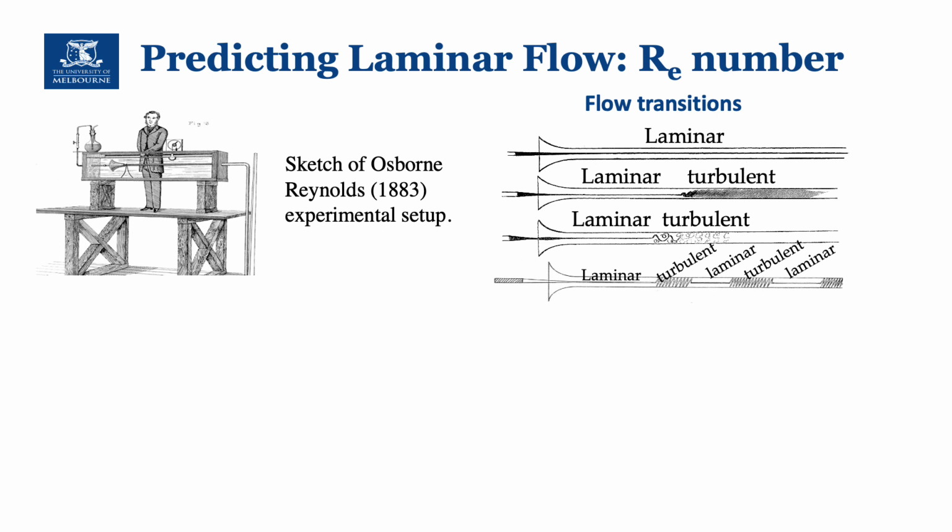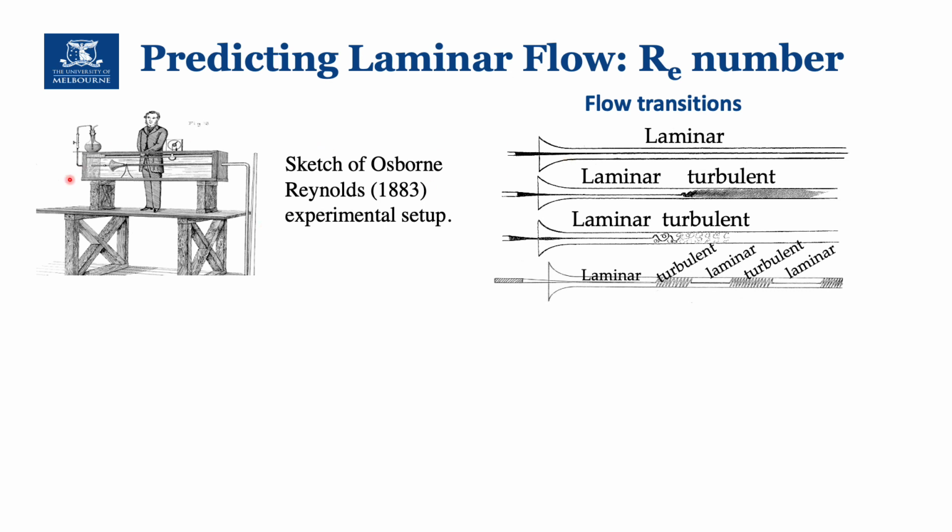In the example that I'm showing you here, I'm showing you the history of how this was discovered, and what the elements are that are involved in defining fluids as flowing in laminar or turbulent systems. Most of this knowledge was part of the work of Osborne Reynolds in the 19th century.